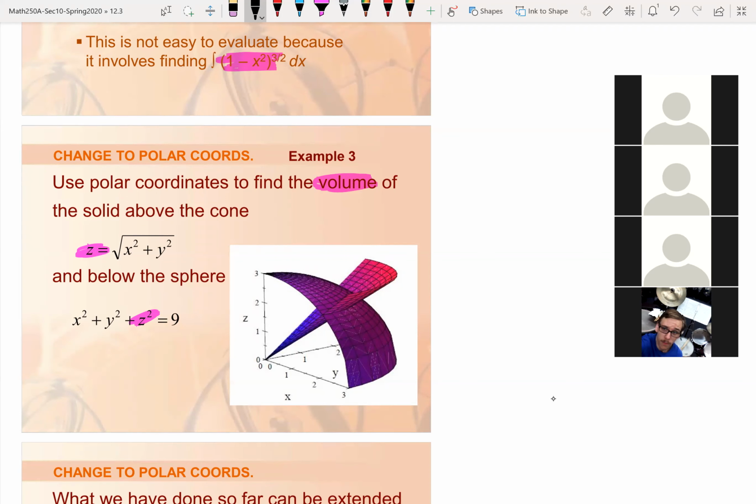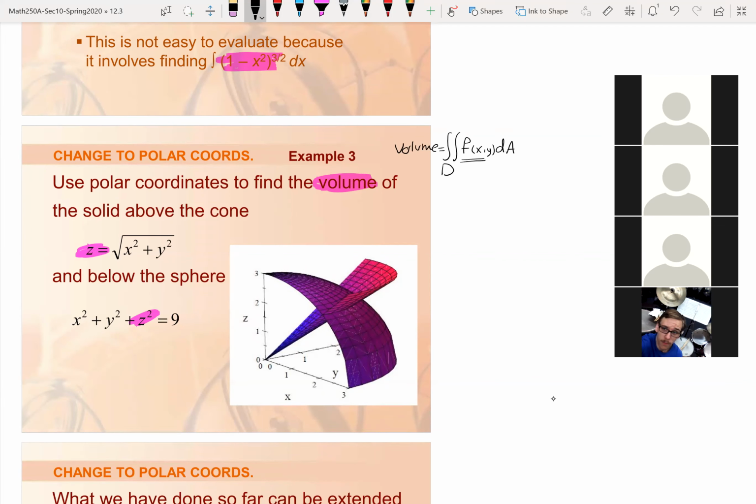Okay, so again, it's finding the volume. Remember, if I want to get the volume, I need to have two graphs: one because of the three-dimensional part, which sets my integrand, and the other two-dimensional because of the region of integration.